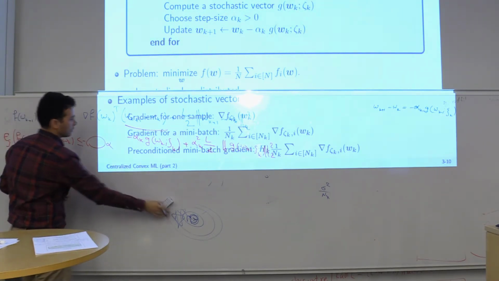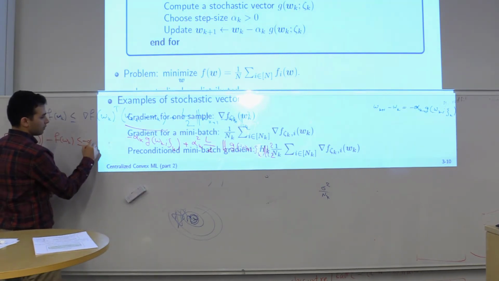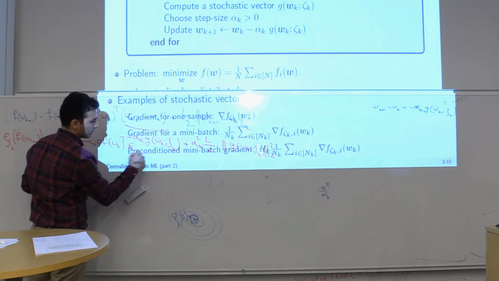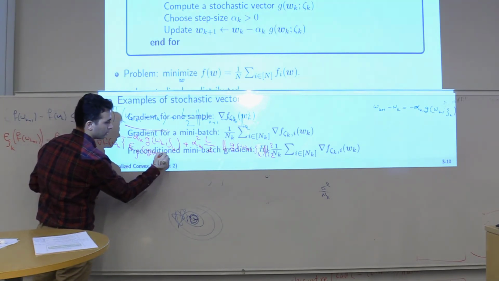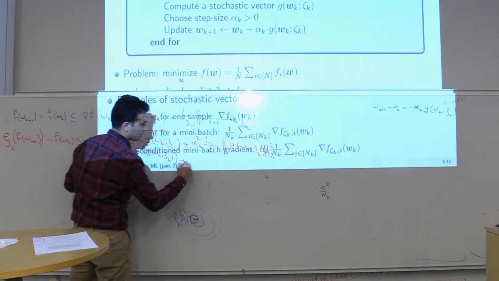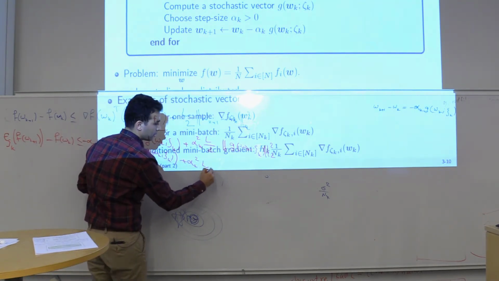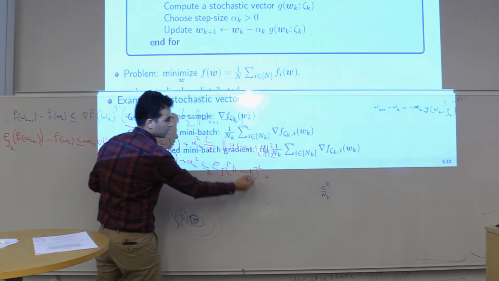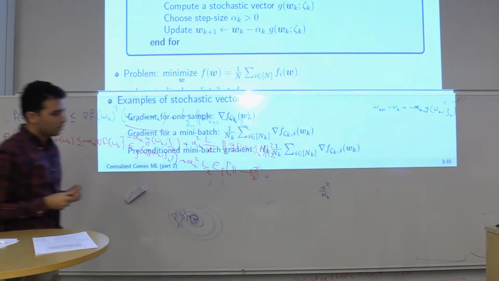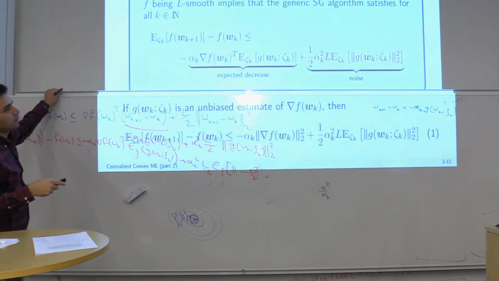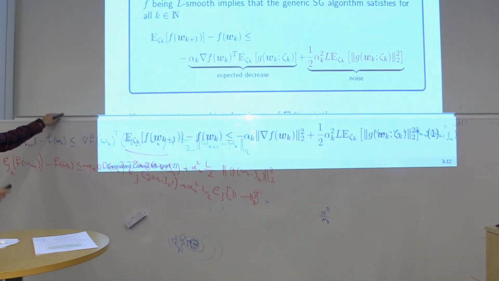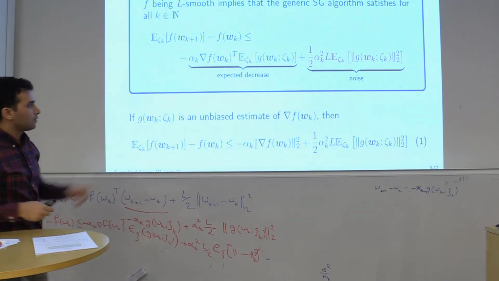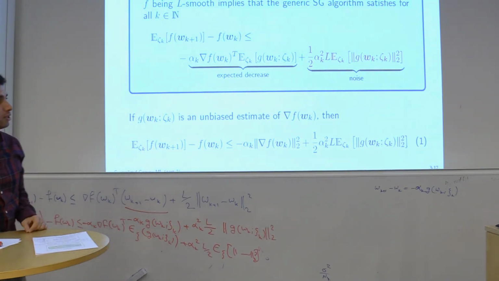Let me write it down: minus alpha_k gradient of f at W_k transpose times the expectation of g(W_k, zeta), plus alpha_k squared L over 2 times the expectation of the squared norm. Nothing else here. And this is exactly the inequality that we are looking for. It is just the definition of smoothness, and from that it's easy to come to here.